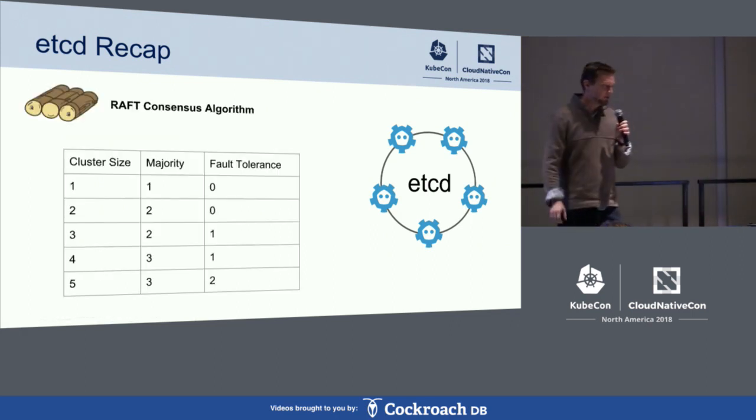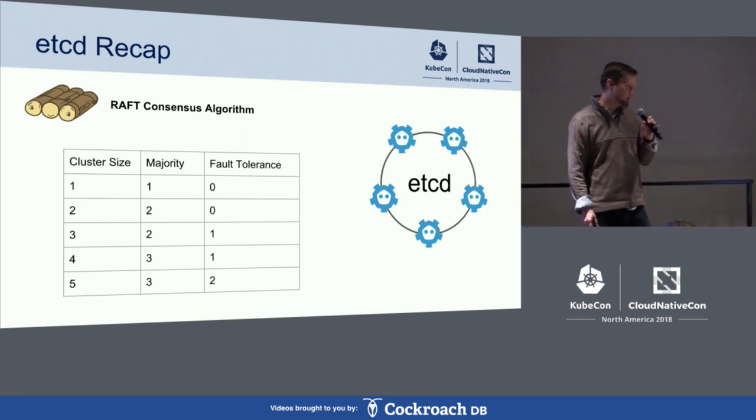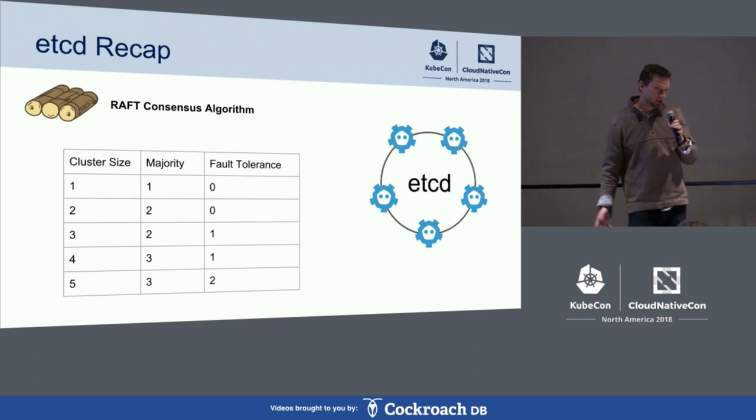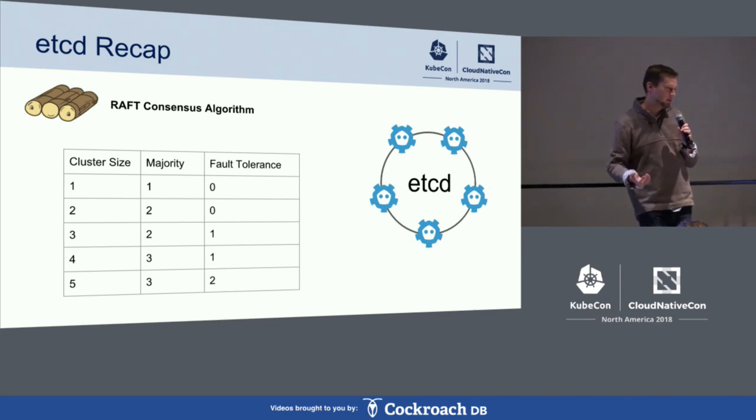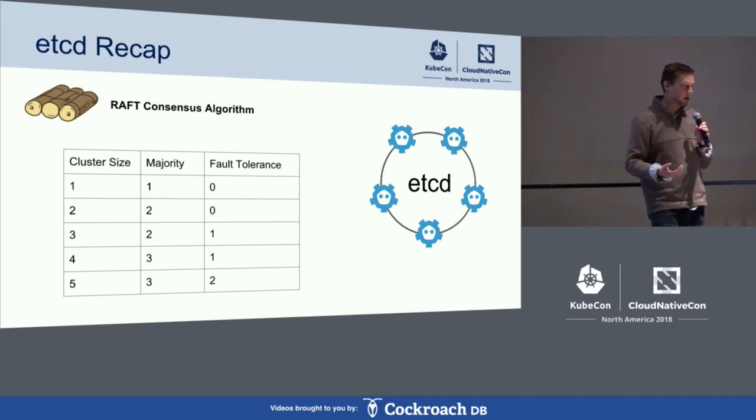Just really briefly about Raft. This is a whole topic, and I can't cover it in this presentation and give it full justice, but Raft is the consensus algorithm that etcd uses. And it's leader election based. So when you see things in etcd about leader election, we're talking about Raft. And the way that it basically works is that you require a cluster to have a majority vote on who the leader is. So if you have a cluster of size 3, the majority would be 2.